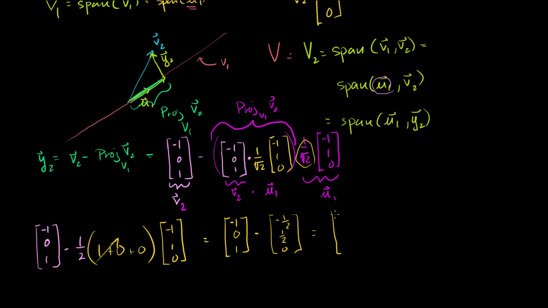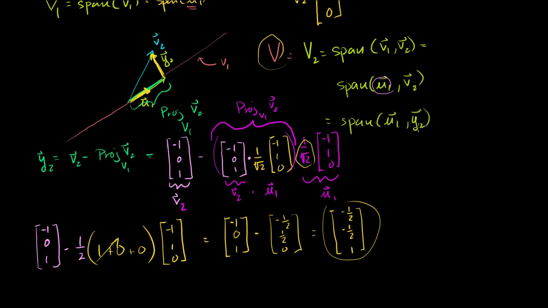That's plus 1/2, so that's going to be just minus 1/2. 0 minus 1/2 is minus 1/2. And then 1 minus 0 is just 1. So this right here is our vector y2. And if you combine u1 right here and y2, we are spanning our subspace V.